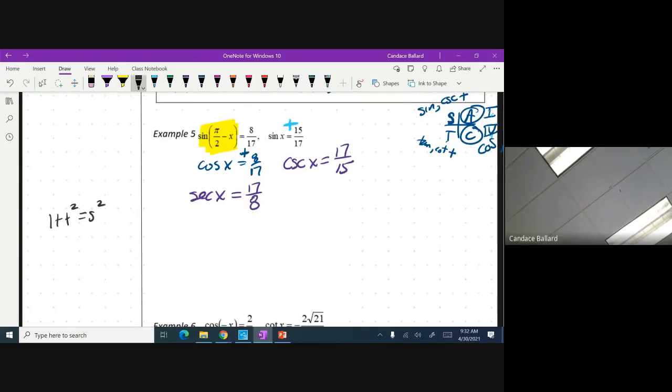If you're going for memorization, sky, it's, ick are the first letters of all those formulas. So 1 plus tangent squared of x equals, I need my secant, which is 17/8, and we're supposed to square it.